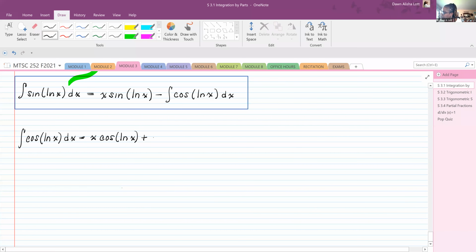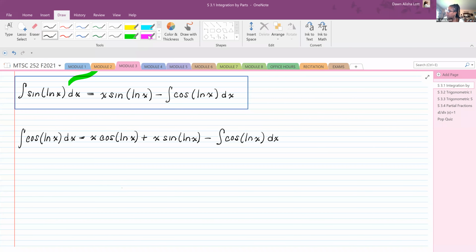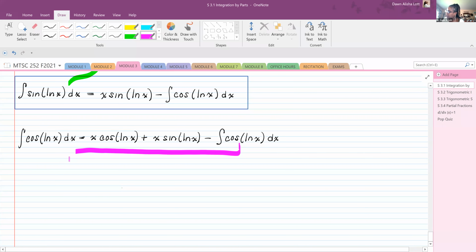The integral of sine is x sine of natural log of x minus the integral of cosine of natural log of x dx. So now I can take and add this one to the other side. So this one gets added to the other side. So now I have two of them.